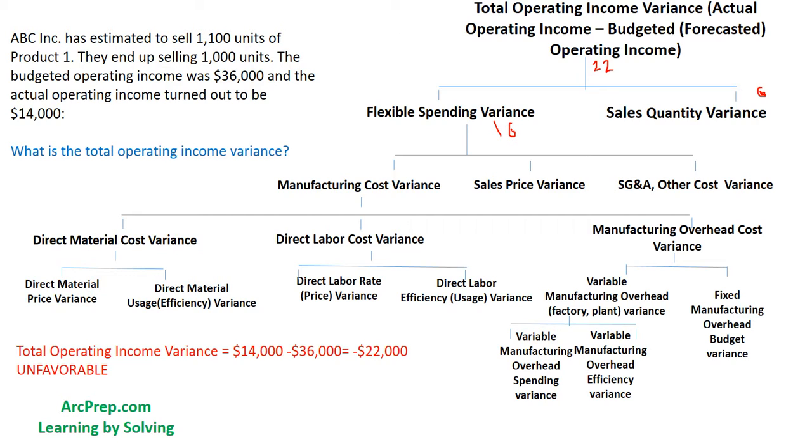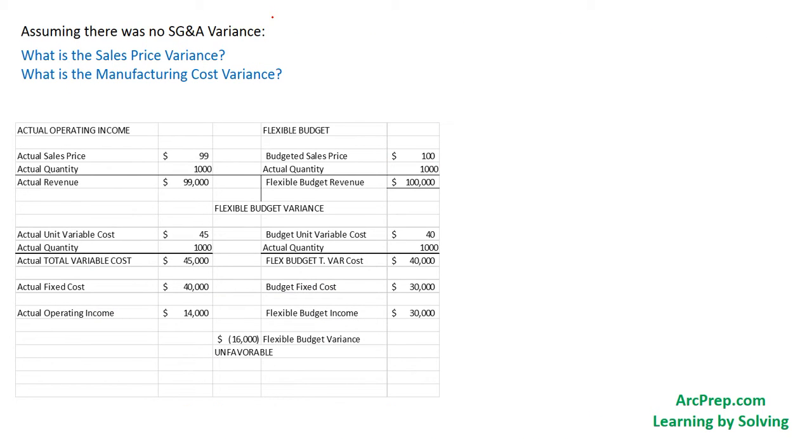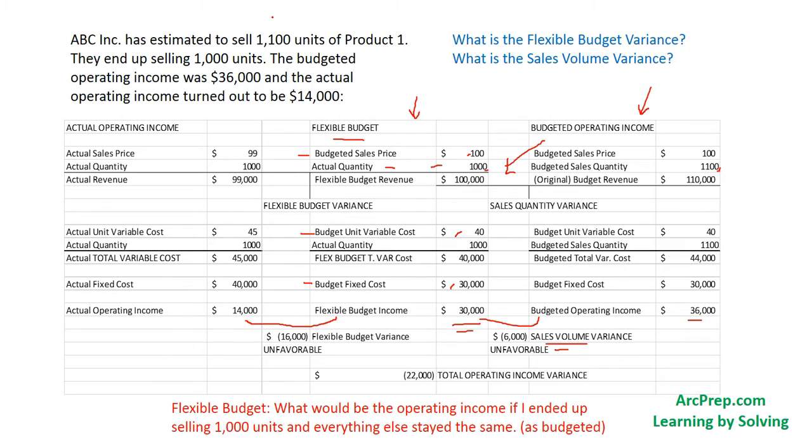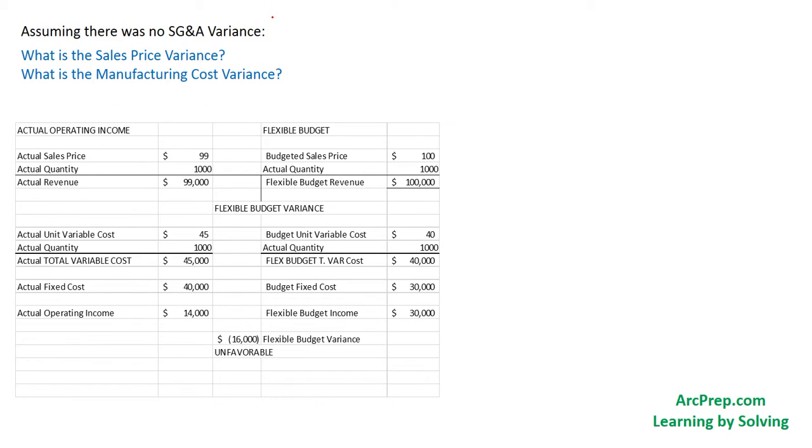Now we are going to further look at the $16,000 and see how it is distributed among manufacturing cost variance, sales price variance, and SG&A. Let's assume there was no SG&A variance. What is the sales price variance versus the manufacturing cost variance?